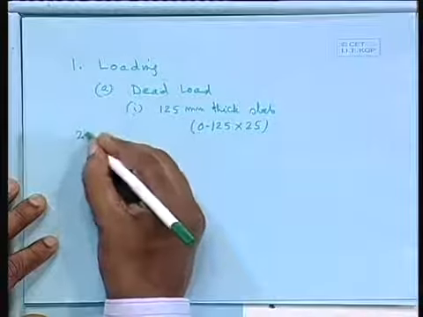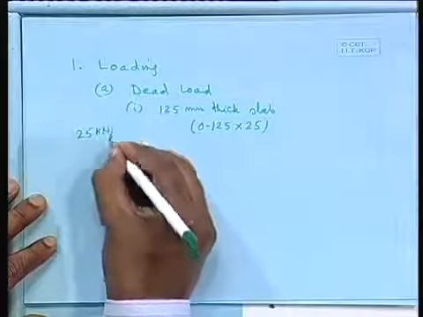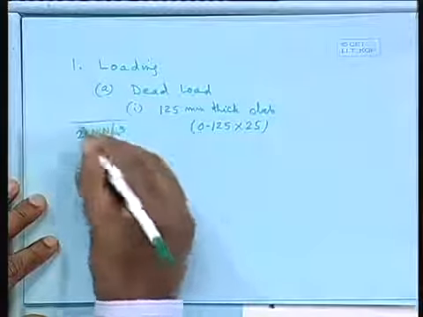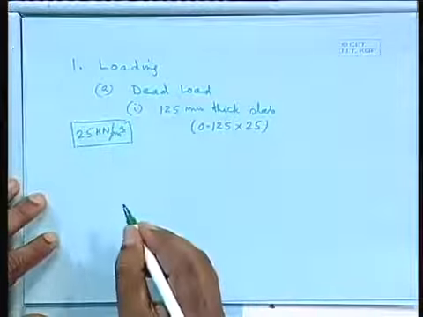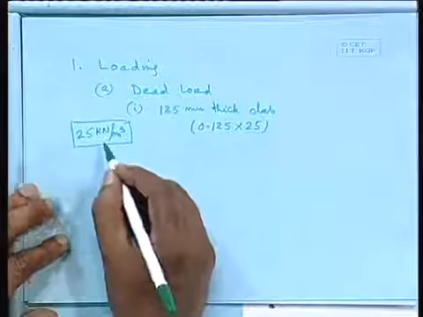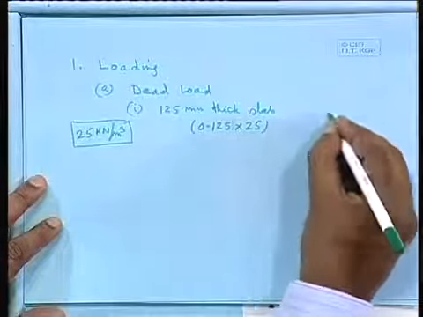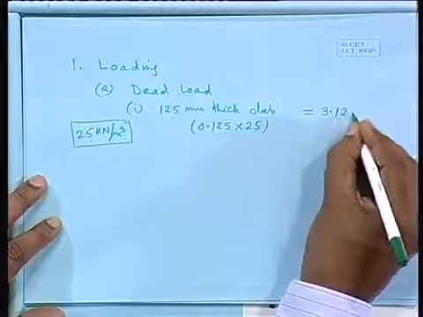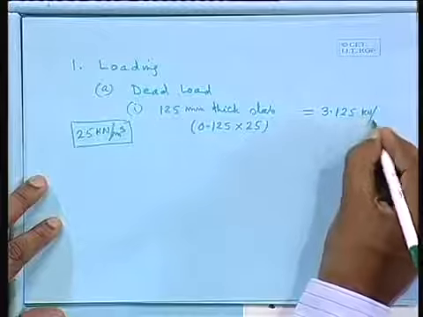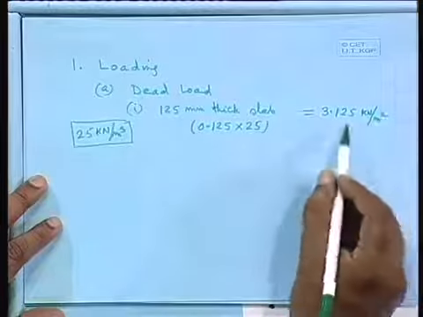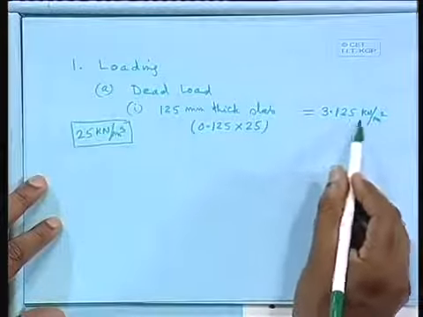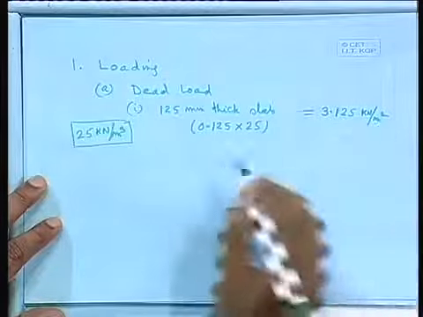So, 25 kilonewton per meter cube, that is the specific weight of concrete we are taking. So, 0.125 into 25, which comes as 3.125 kilonewton per meter square. Please note, 3.125 kilonewton per square meter.